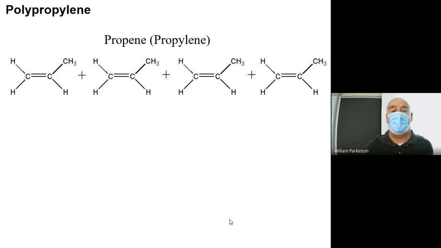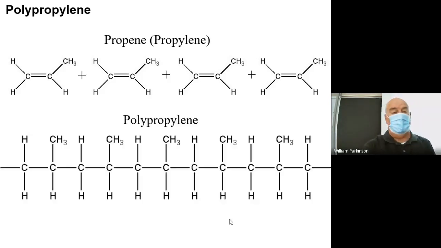So this is propene. Now, again, I can open the double bonds on propene. Let the double bonds grab each other, neighbor to neighbor to neighbor. And now I will get a branched hydrocarbon where every other carbon has a methyl group. If you put a hydrogen in those locations, it would be polyethylene.